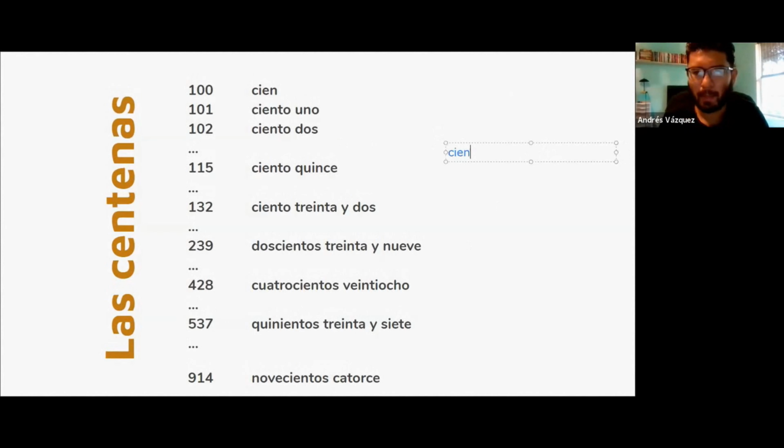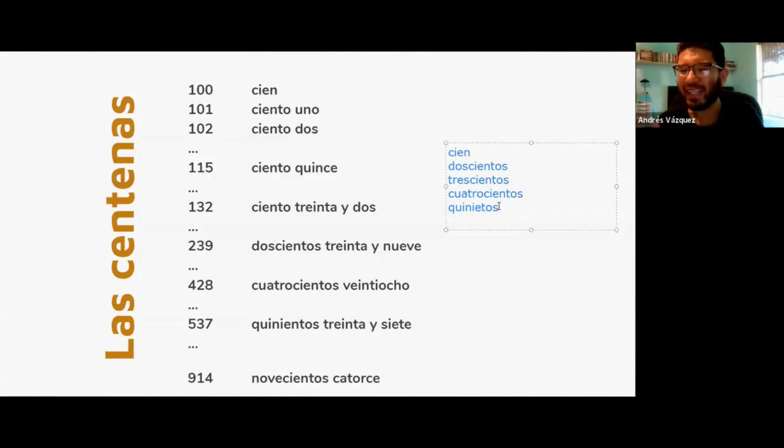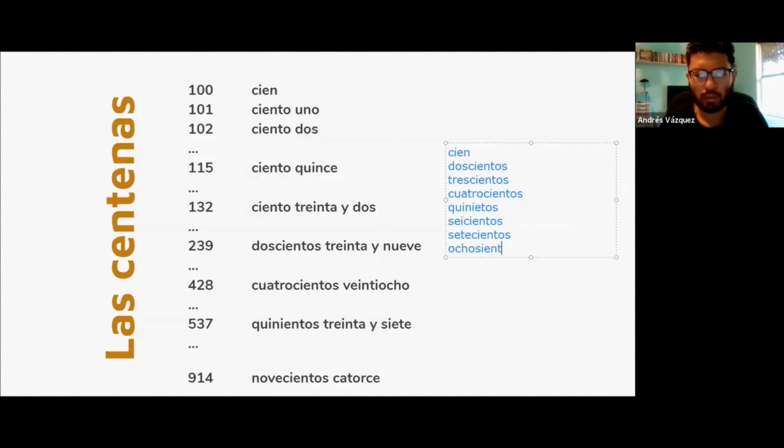No, we have 100, 200, 300, 400. So it's all together, with 500 being an exception in the sense that we don't use it as 500, but rather the word changes a little bit from the number that we would have probably guessed. 600, 700, 800.